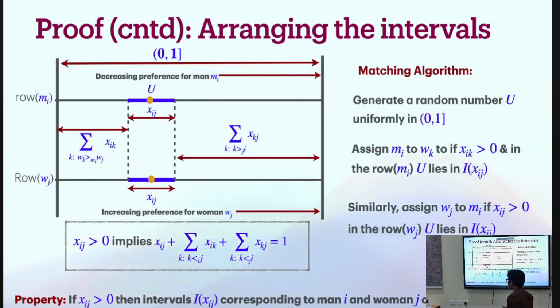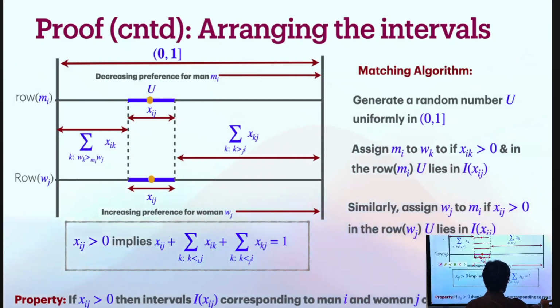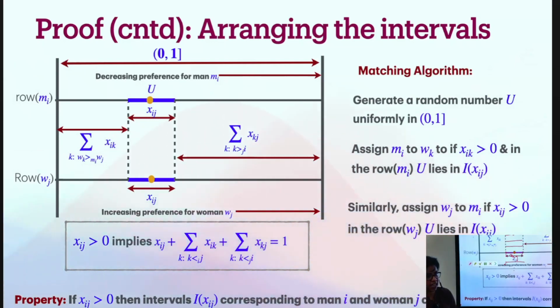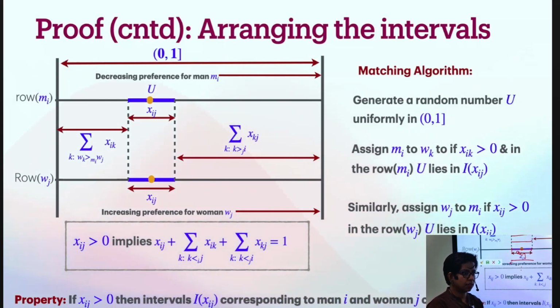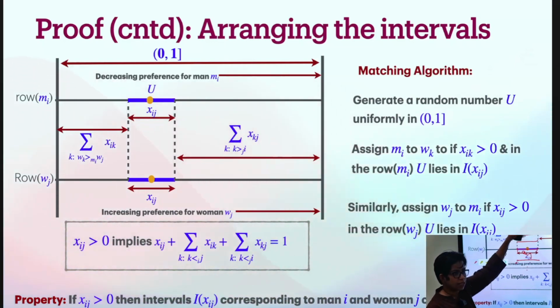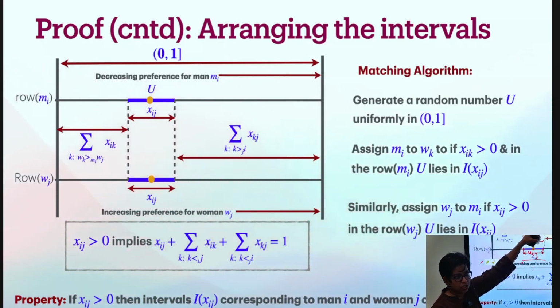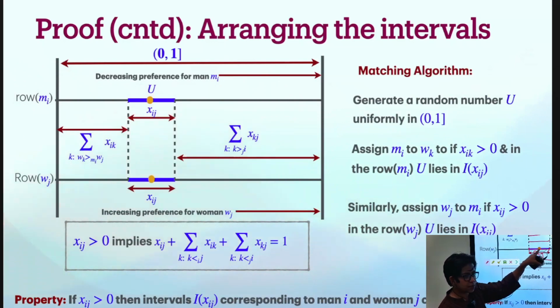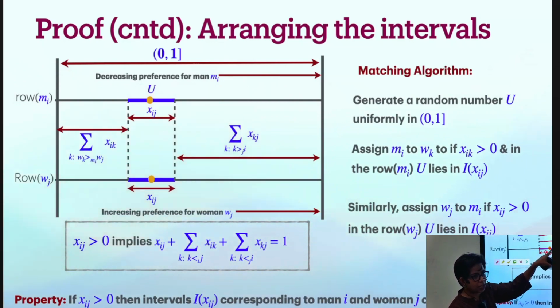Correct, exactly. Because of this coinciding property, if U falls in this interval, Mi will get assigned to woman j, and woman j will be assigned to Mi. So, at least this assignment is well defined, like people are agreeing that they are matched to each other.